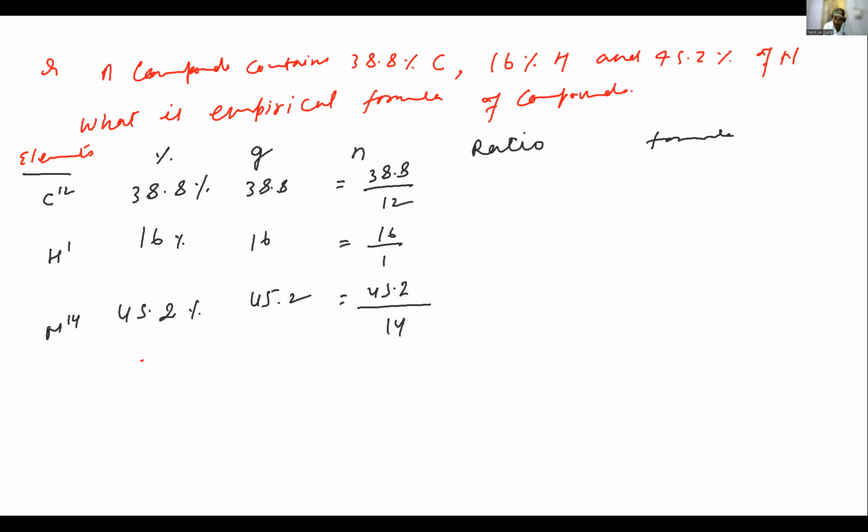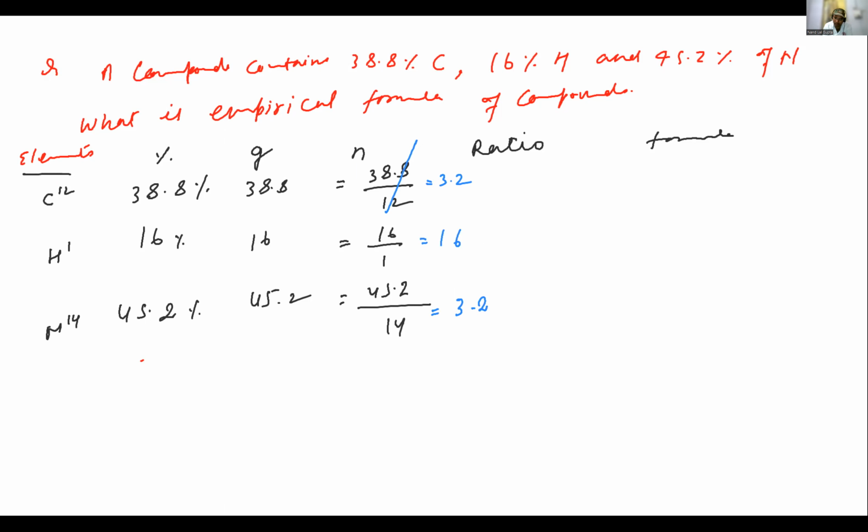If you solve this one, you can use the calculator. How much is coming? 3.2. You can check, 3.2. The hydrogen is 16, and the nitrogen is also 3.2 only, right? Now what we need to do is divide.